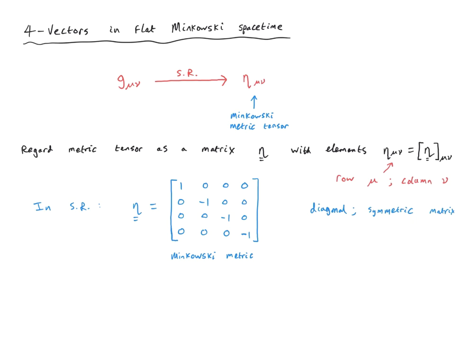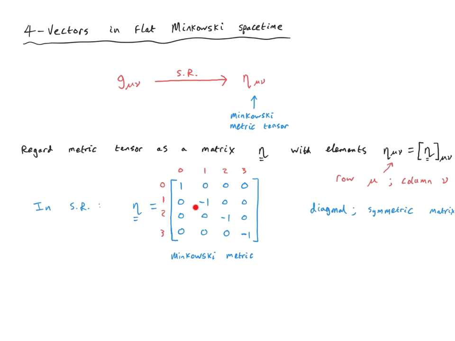Since we specify an element using mu and nu, which both run over the values 0, 1, 2, and 3, we can label the rows and columns of this matrix 0, 1, 2, and 3, so that we can identify that the 0, 0th element is plus 1, whereas the 1, 1, 2, 2, or 3, 3 elements are all minus 1.